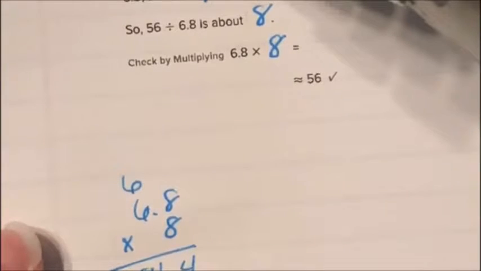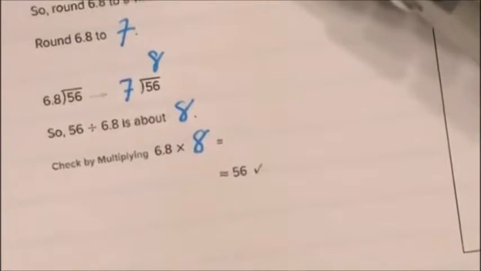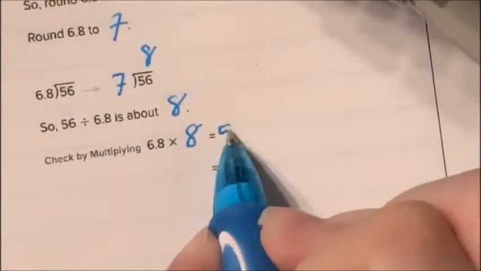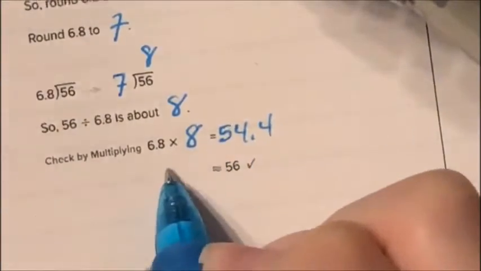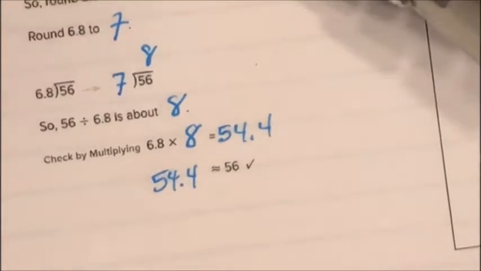Plus 6 is 54. There's one decimal, so 54.4. So 54.4 is about 56, so my answer does check out.